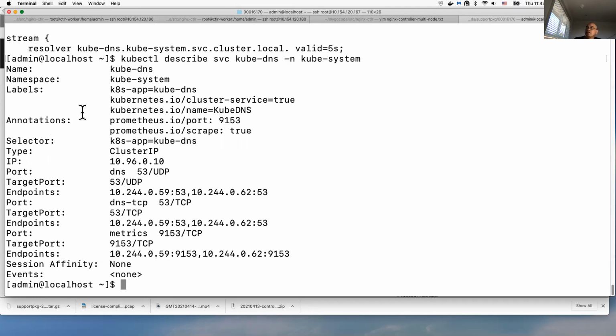Okay, it's the DNS service, and it has two endpoints, which are CoreDNS. The CoreDNS pods provide DNS services in the Kubernetes system.